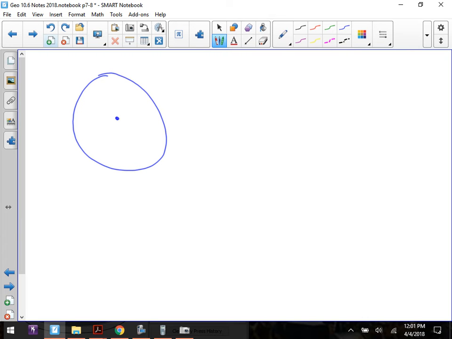Sorry about the awesome circle here. Sometimes you're going to be given diagrams that look kind of like this. Not as great as my hand drawings, but similar.